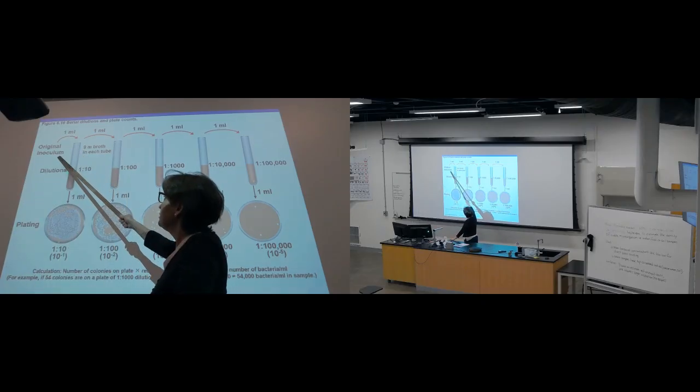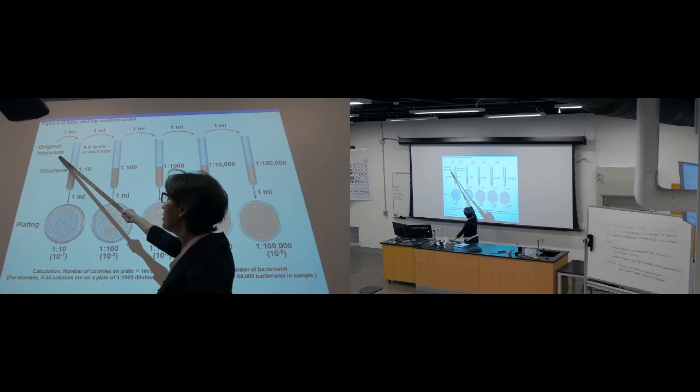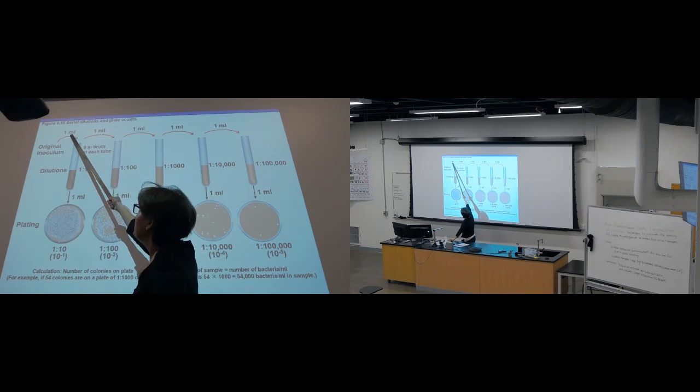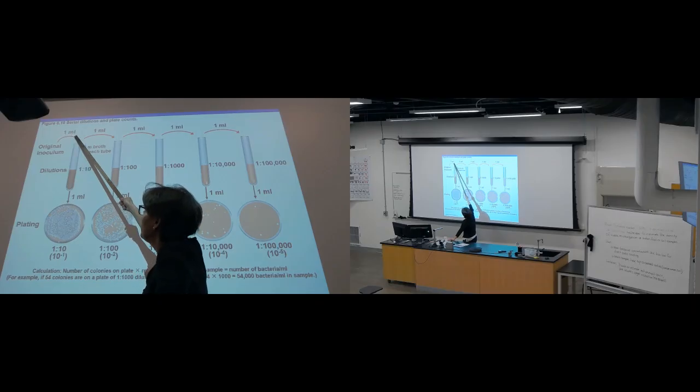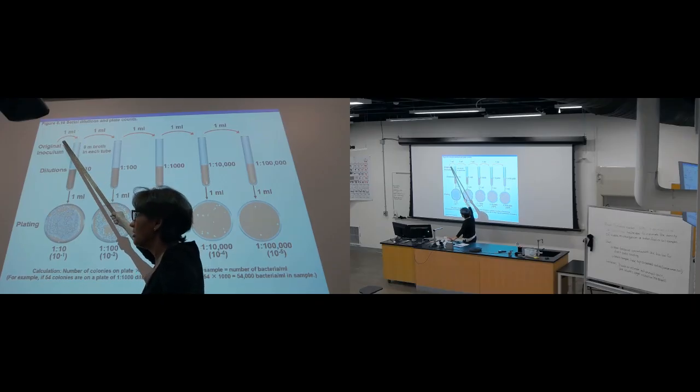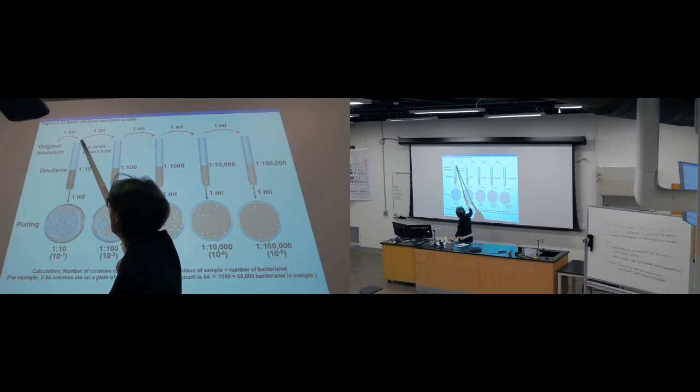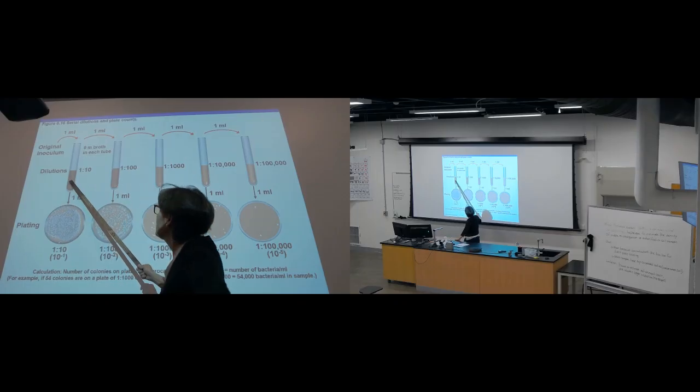So from an original inoculum, let's say that you have a broth. You transfer from that broth 1 milliliter of broth that has bacteria, of course. It's a culture broth. Then you add 1 milliliter into this test tube that has 9 milliliters of broth.